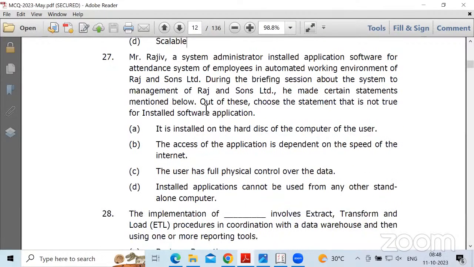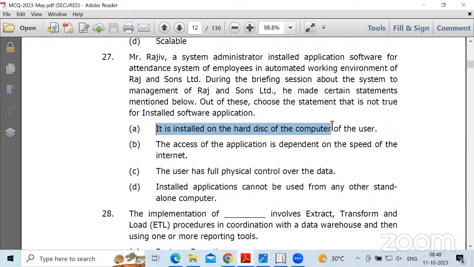Mr. Raj, your system administrator, installed application software for the attendance system of employees in the automated working environment of Raj and Sons. During the briefing session about the system to the management of Raj and Sons Limited, he made certain statements mentioned below. Out of these, choose the statement that is not true for the installed software application. So they are talking about the payroll software. Now, what is not true?